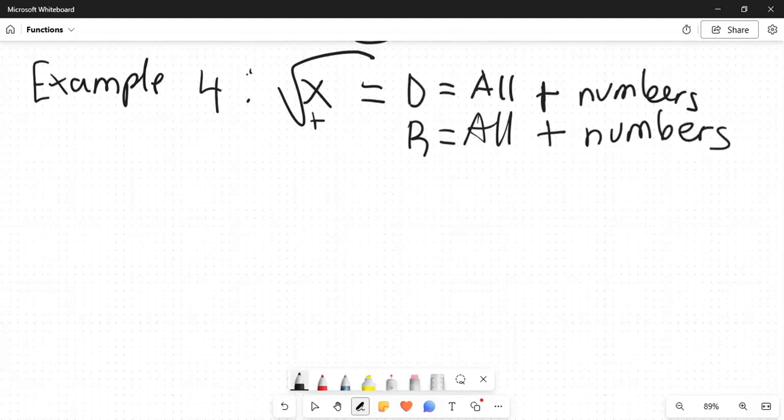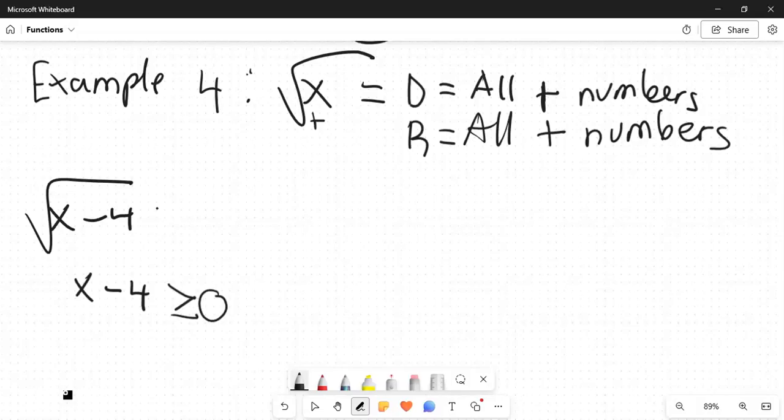And a radical, just a simple radical like this. Now, this is where you need to use the application of radicals. If you're told to find the domain and the range in this radical right here, now watch how I do this solution. So it will be x minus 4 is greater than or equal to 0.